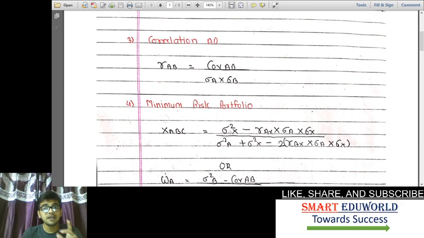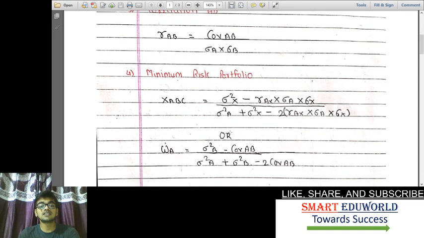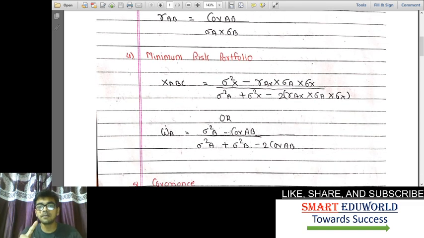Then minimum risk portfolio. Minimum risk portfolio is a critical formula. We will revise the second formula, which is quite simple. Weight of A is equal to standard deviation square of B minus covariance of AB, divided by standard deviation square of A plus standard deviation square of B minus 2 covariance AB.